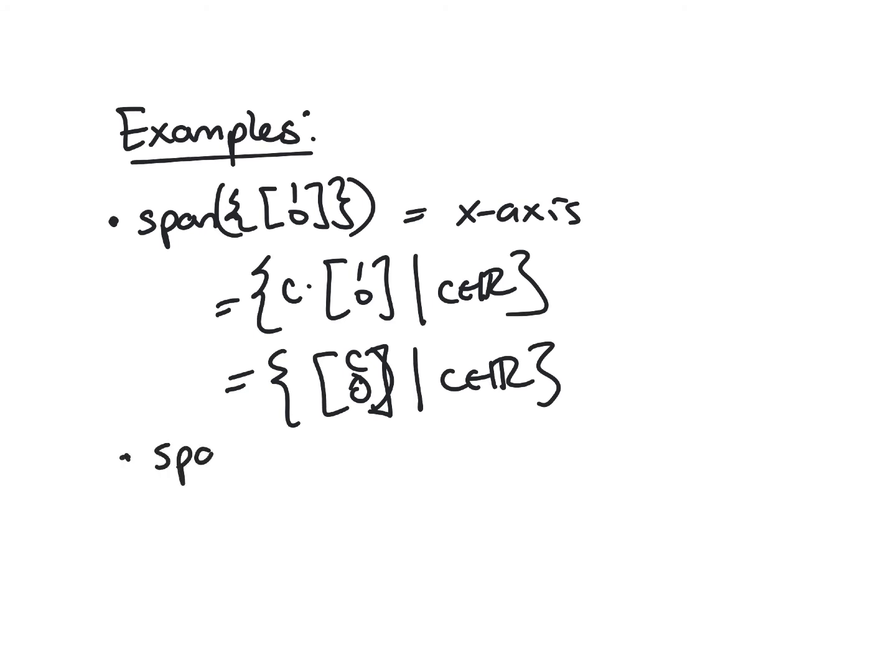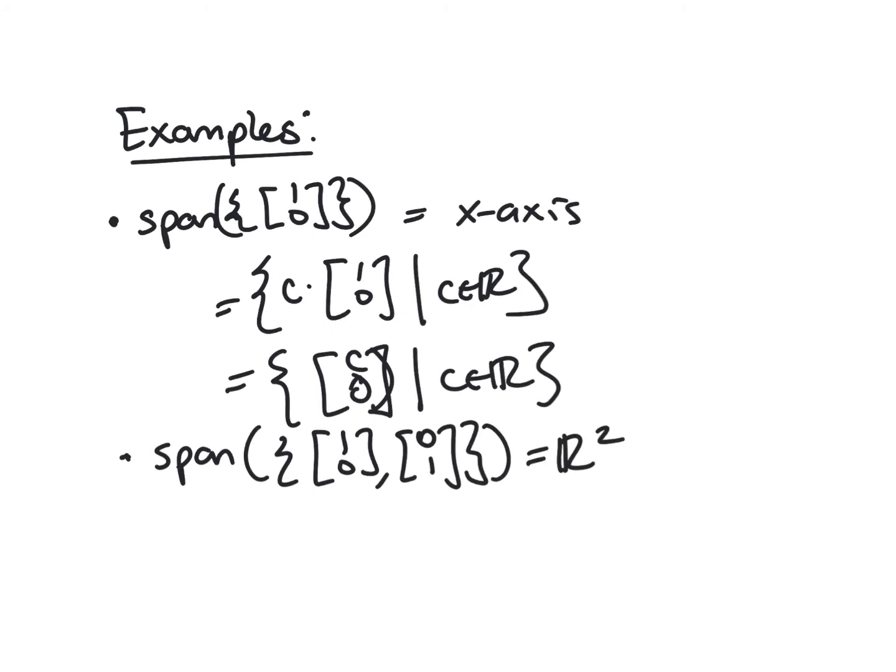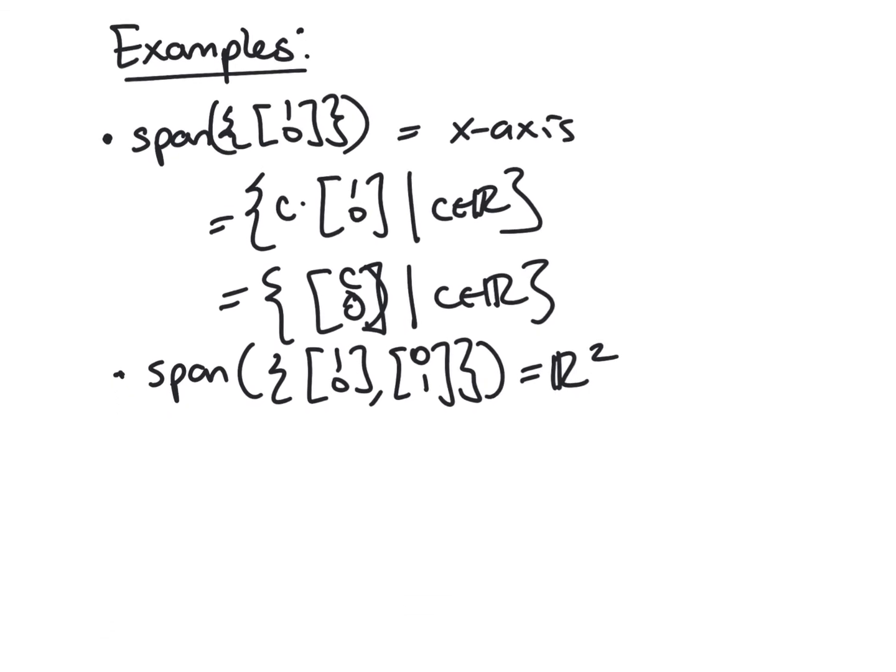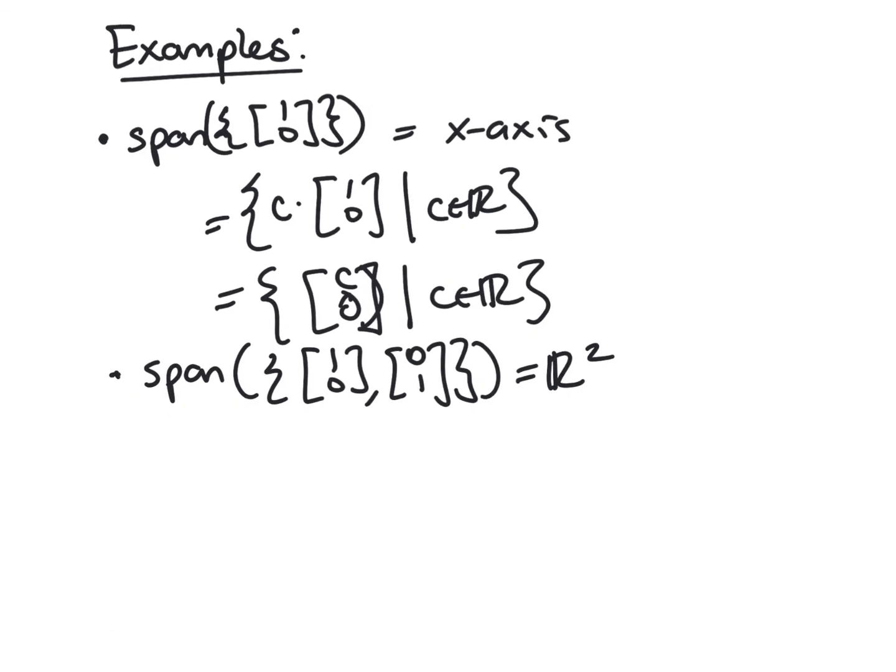If we add (0, 1) to this collection, take two vectors in our set, then this actually spans R2. So this gives us the x-axis and y-axis, of course. But let's look at this from two ways. So geometrically, what's going on? Well, I have (1, 0) here and (0, 1) here, right?